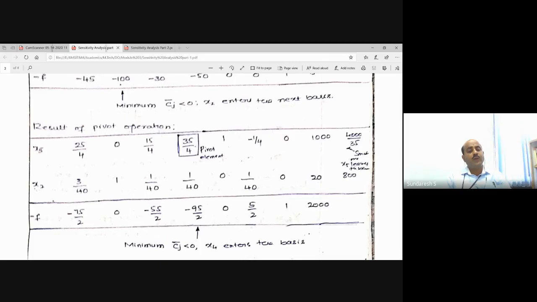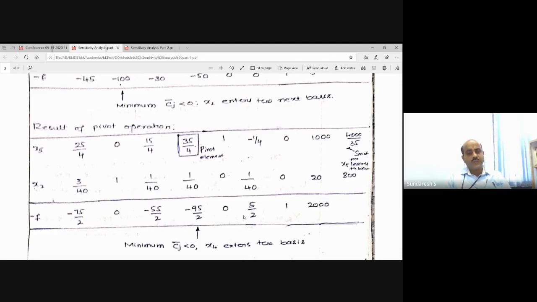The second column value you will get as 0. Third column, 15 by 4. Fourth column, 35 by 4. Fifth one is 1. Sixth one is minus 1 by 4.